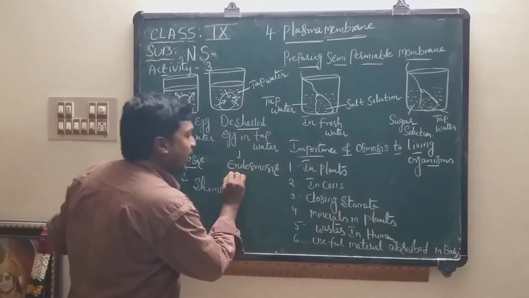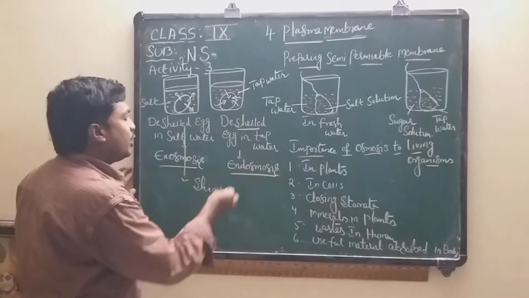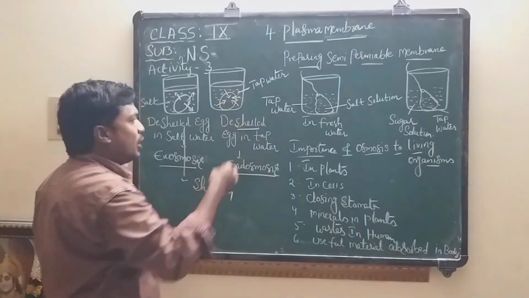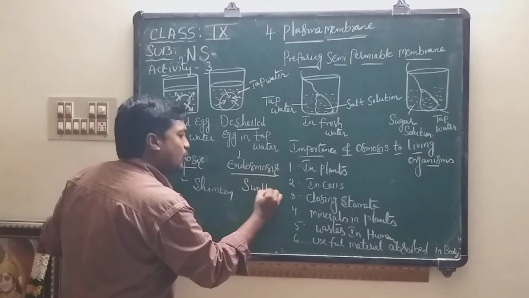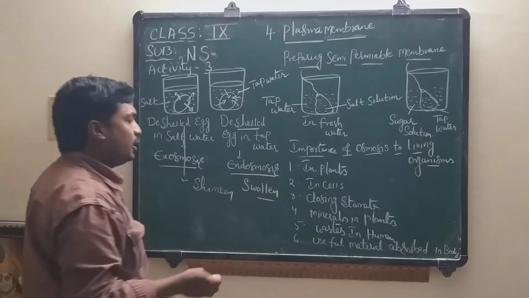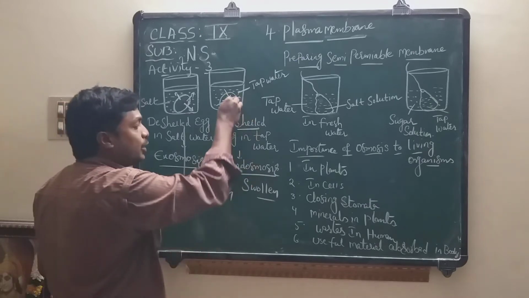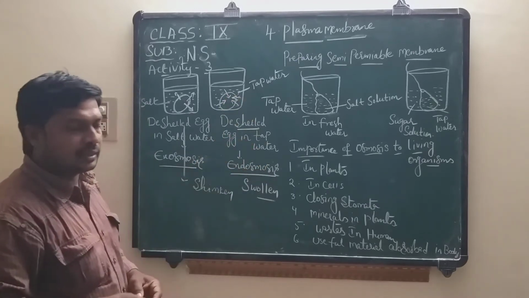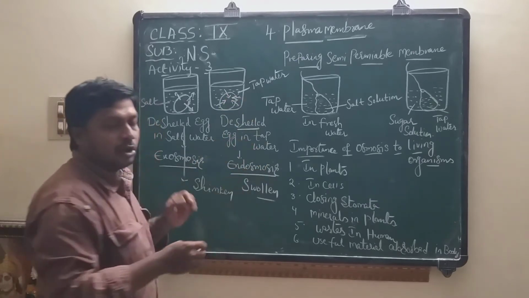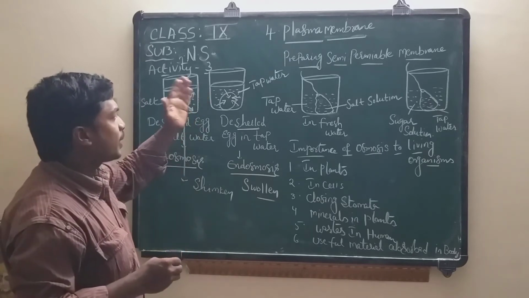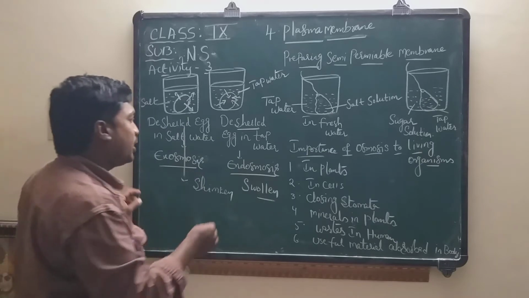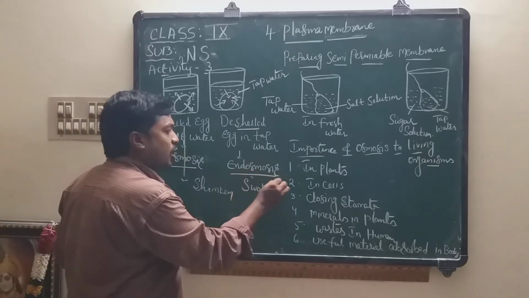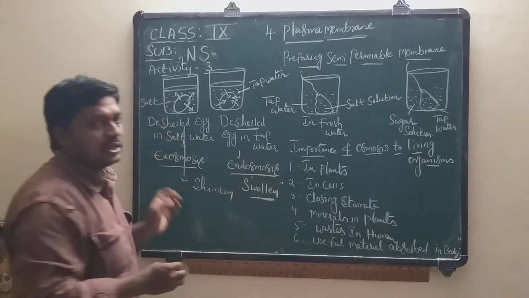This is called endosmosis. The de-shelled egg becomes swollen. What is the reason? Here the tap water enters into the egg. That is called endosmosis. Due to endosmosis, the egg will be swollen.